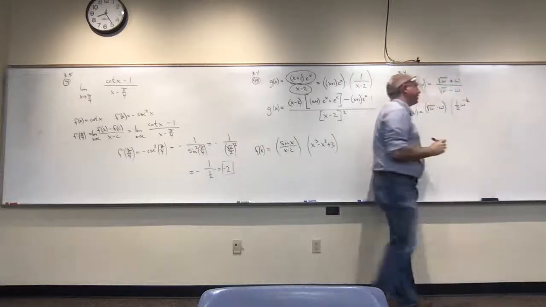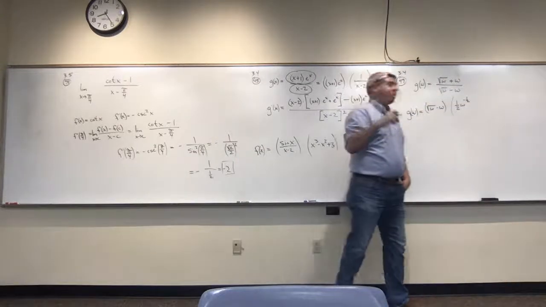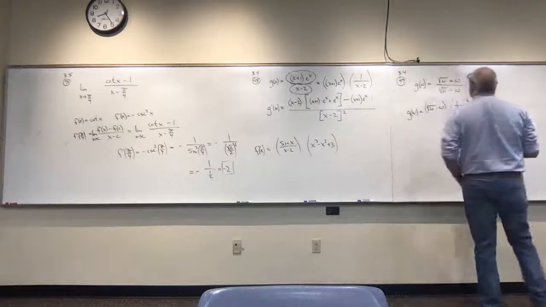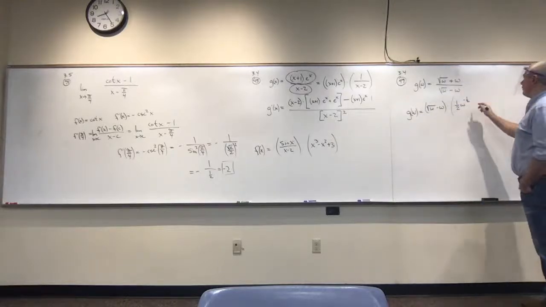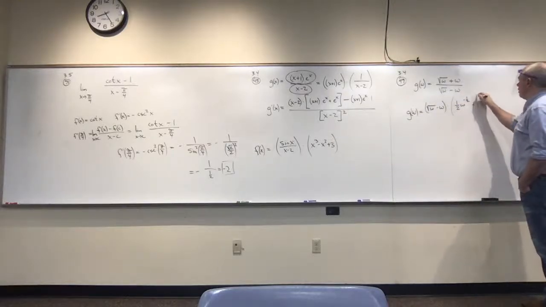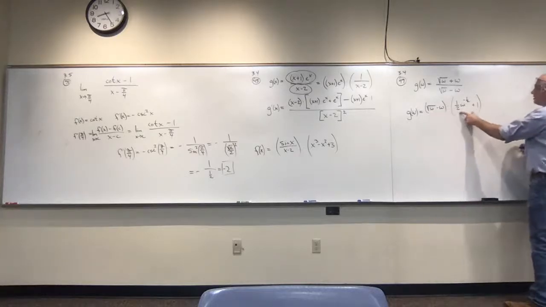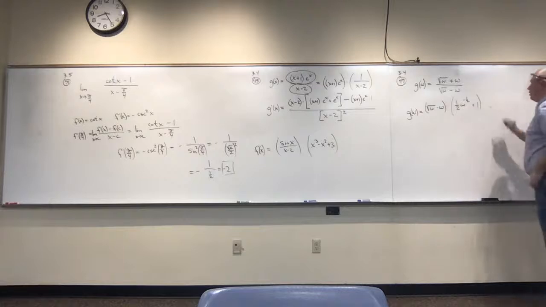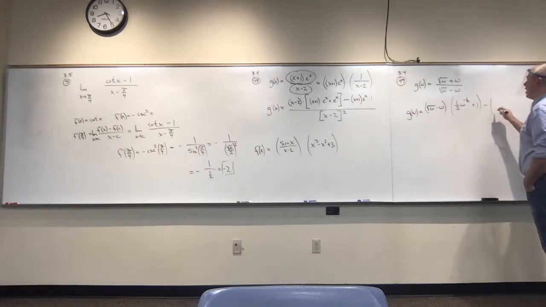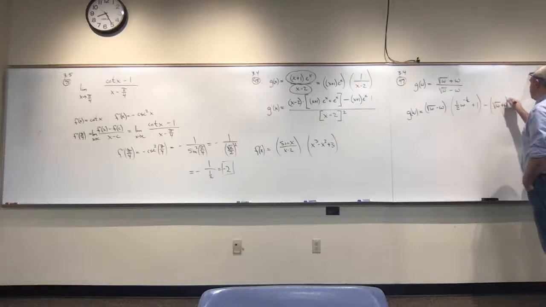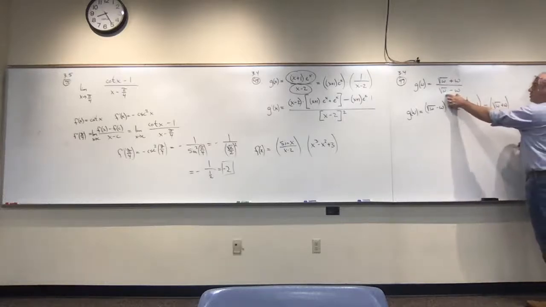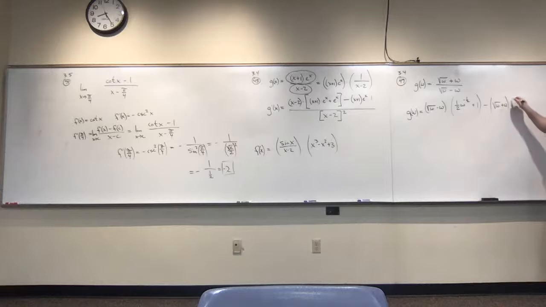And maybe we could write that a little different. We could put the W on the bottom, but for now we'll just leave it. And then the derivative of W, of course, is just 1. So this is the bottom times the derivative of the top, minus the top, square root of W plus W, times the derivative of what's on the bottom, which is similar.